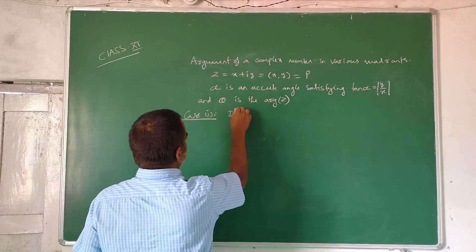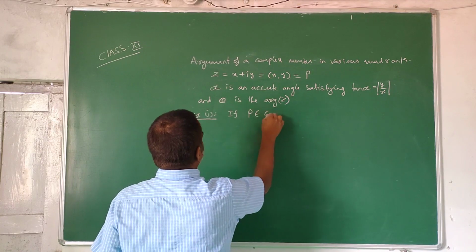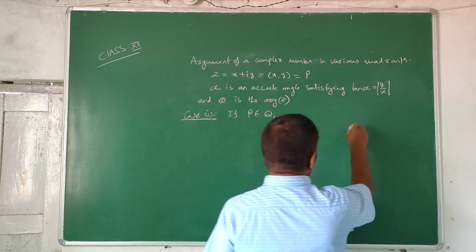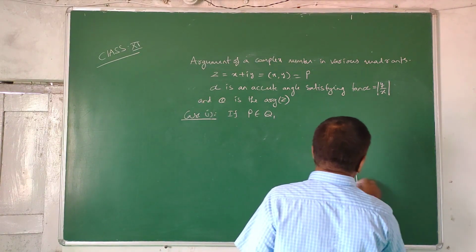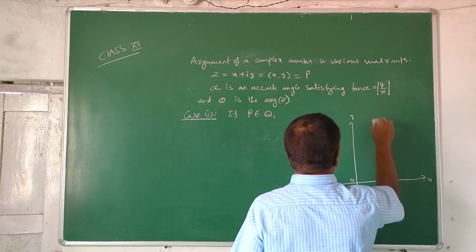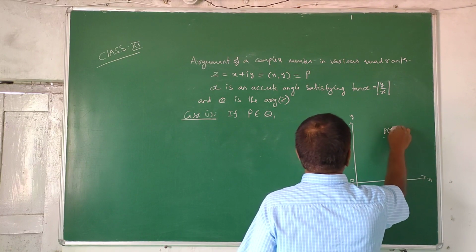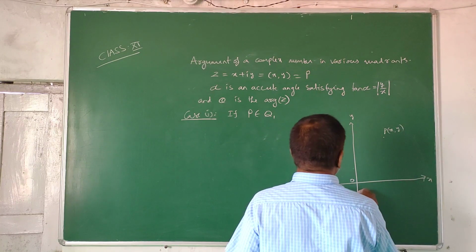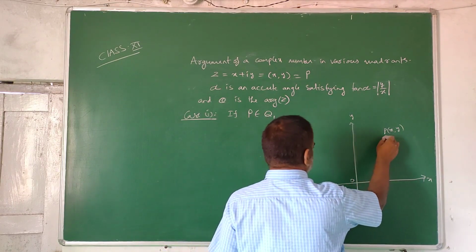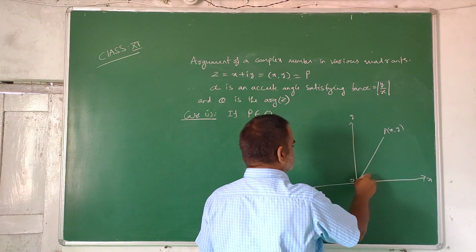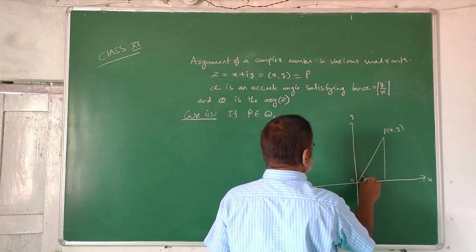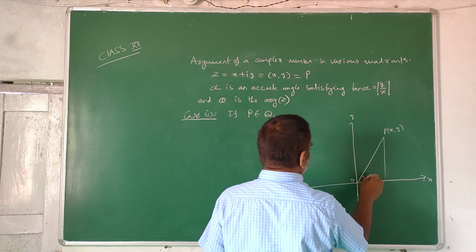If P belongs to Q1, that is, the point P is in quadrant 1, so we are choosing P so that it lies in quadrant 1. This is theta.